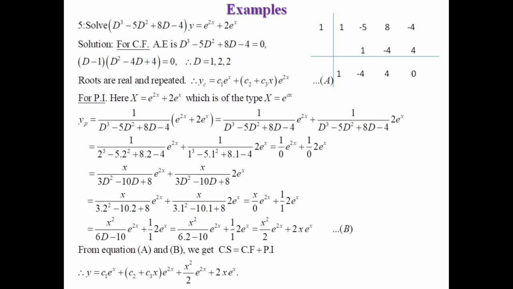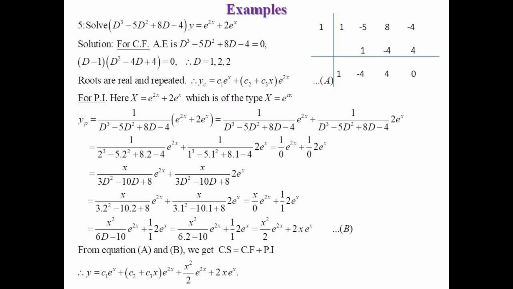So we get the next step as x upon the derivative of D^3 minus 5D^2 plus 8D minus 4, which is 3D^2 minus 10D plus 8, into e^(2x), plus again the same, attach x on the numerator and the derivative of the denominator, into 2 e^x.